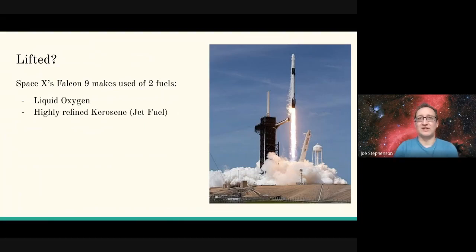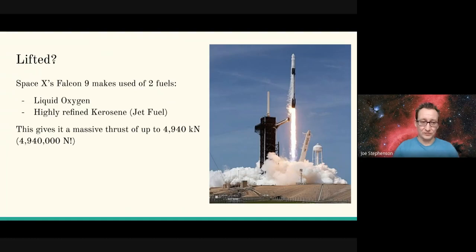It's really, really reactive. It releases a lot of energy, and when we mix it with the liquid oxygen and ignite it, it creates a lot of thrust. Now, this actually gives this rocket thrust of up to 4,940 kilonewtons, or 4,940,000 newtons, of upward thrust.